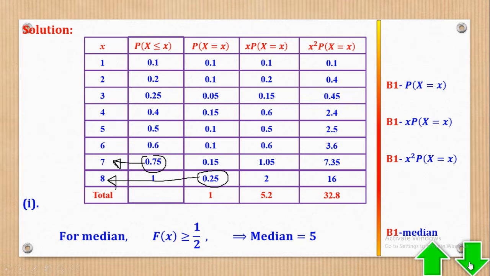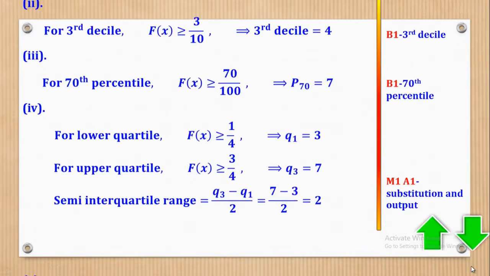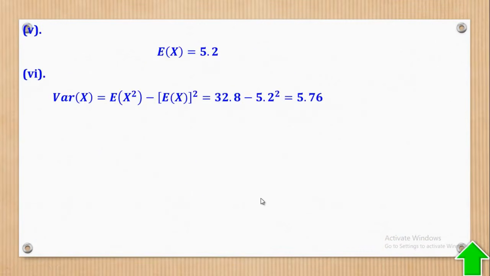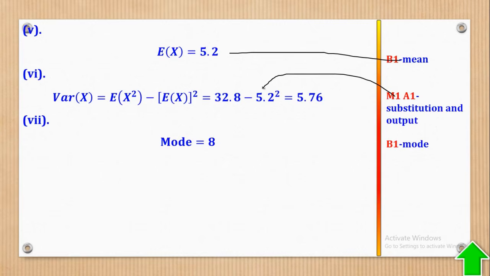So you'll come here and state that the mode of x is 8. So basically that's what they wanted. Therefore B1 for getting the mean, M1 for the substitution, A1 for the output, B1 for this mode.